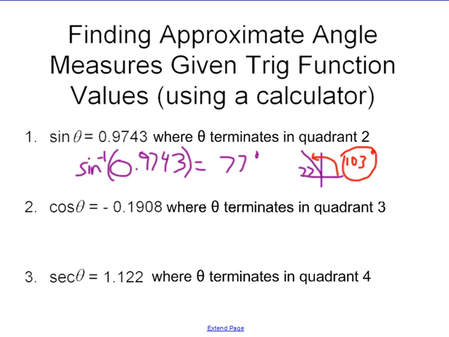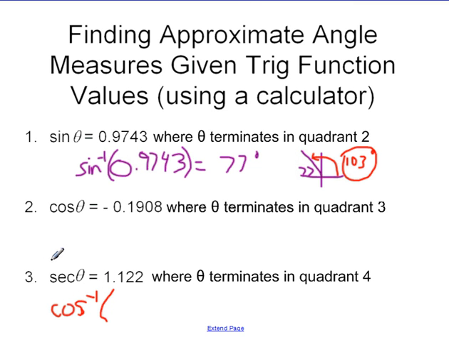That's it. For secant, you have to use the reciprocal to find secant. So secant's reciprocal is cosine, and so when you're putting it in here, you would have to do the inverse cosine. I messed that up. Inverse cosine.